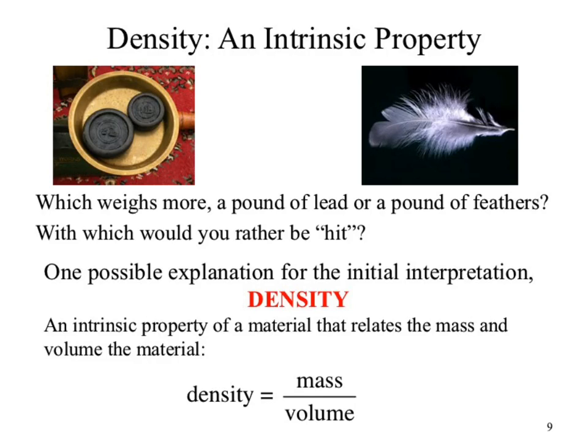Density is a measure of the mass of the object, effectively the weight, with respect to its volume. That's going to change for an individual material. Lead is a much more dense material. If we look at a pound of each, they have the same mass, but the volume of lead is going to be much, much smaller, which means when getting hit with it, it'll probably hurt a lot. It's how that weight is distributed across it.